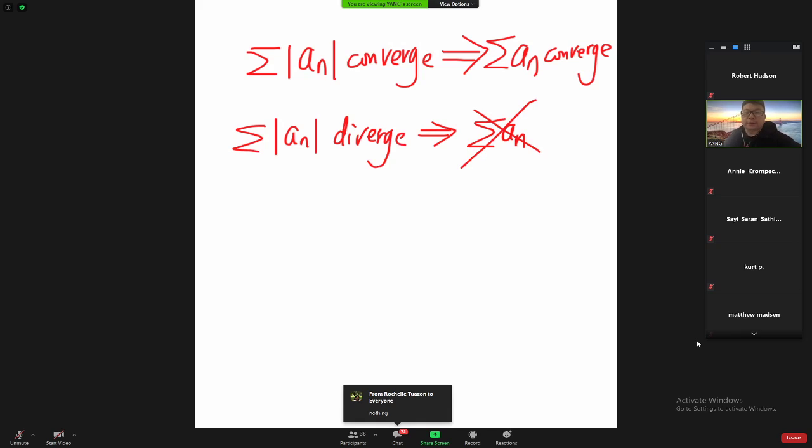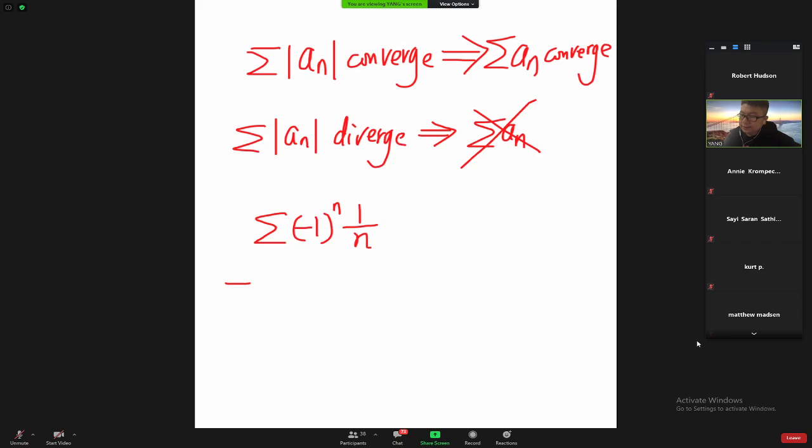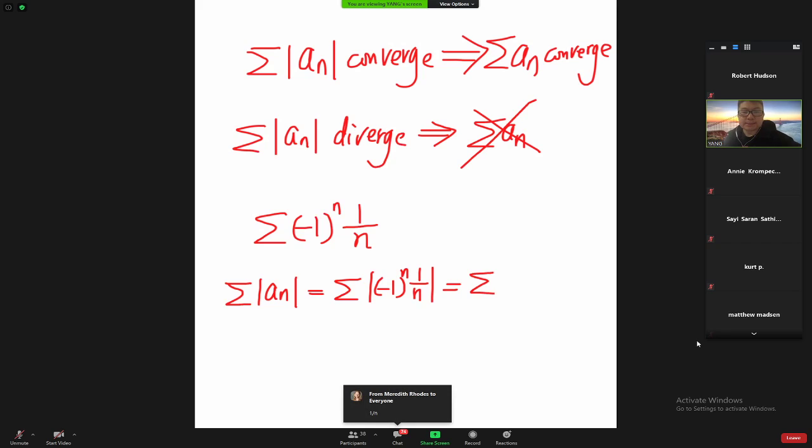This particular example is a good one, but there is another, very easy example. Let's see. What's this? Summation of what? 1 over n. So does it converge or diverge?